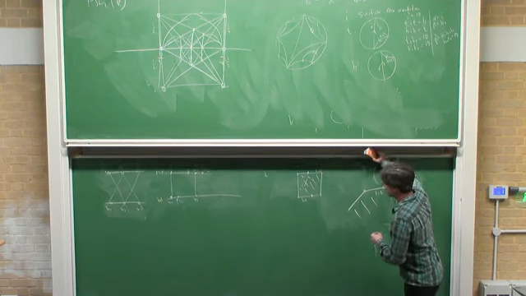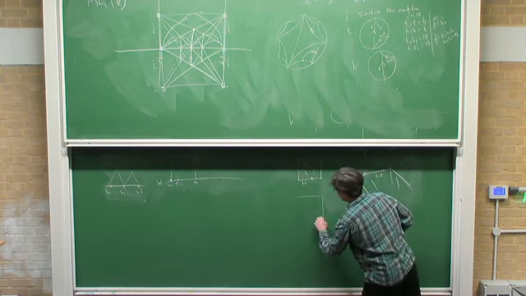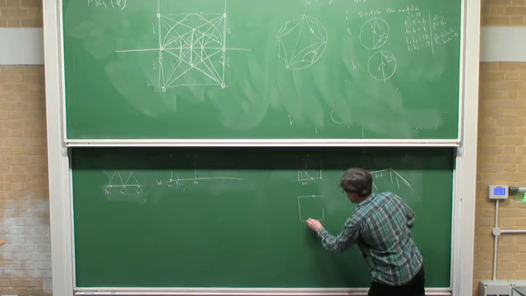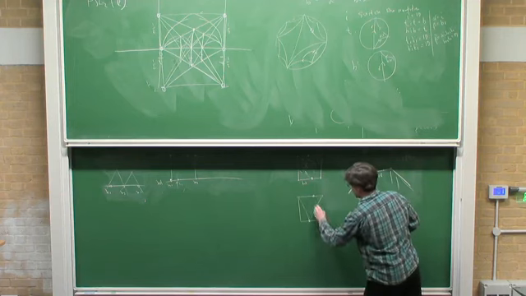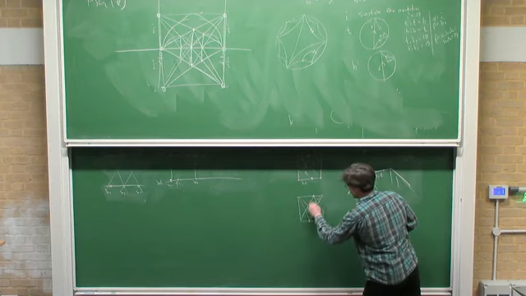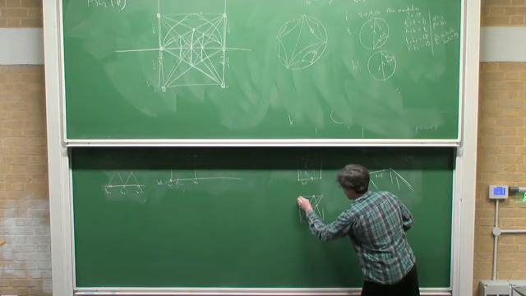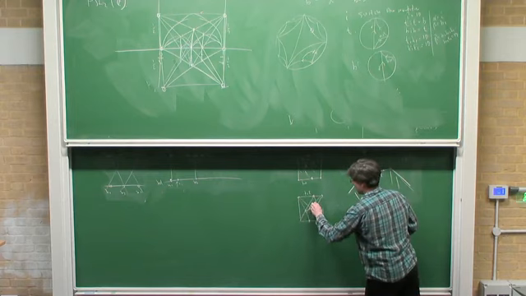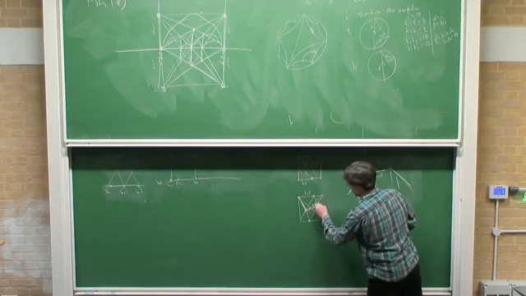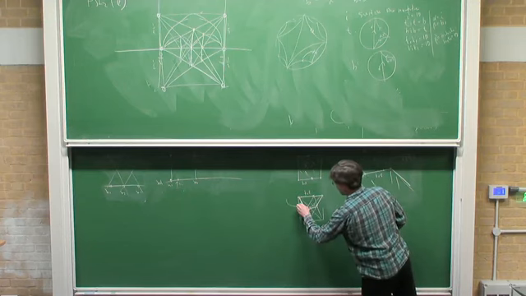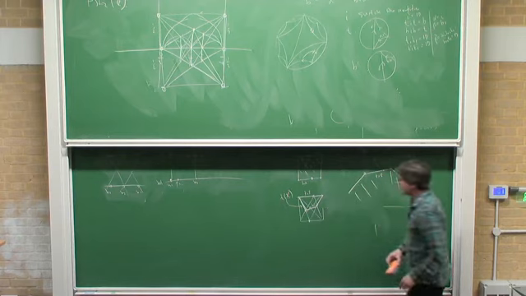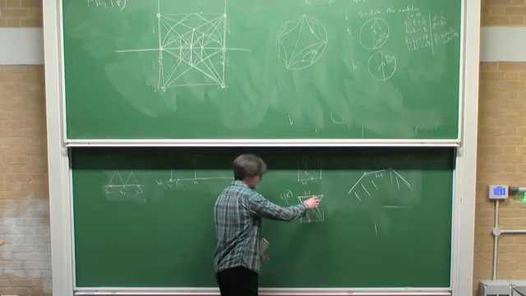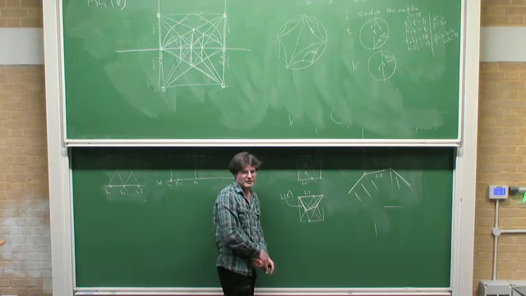Okay. Then there's T and B. The operation T is doing, you do Pappus's theorem, and then it divides into two halves, and T is the top.